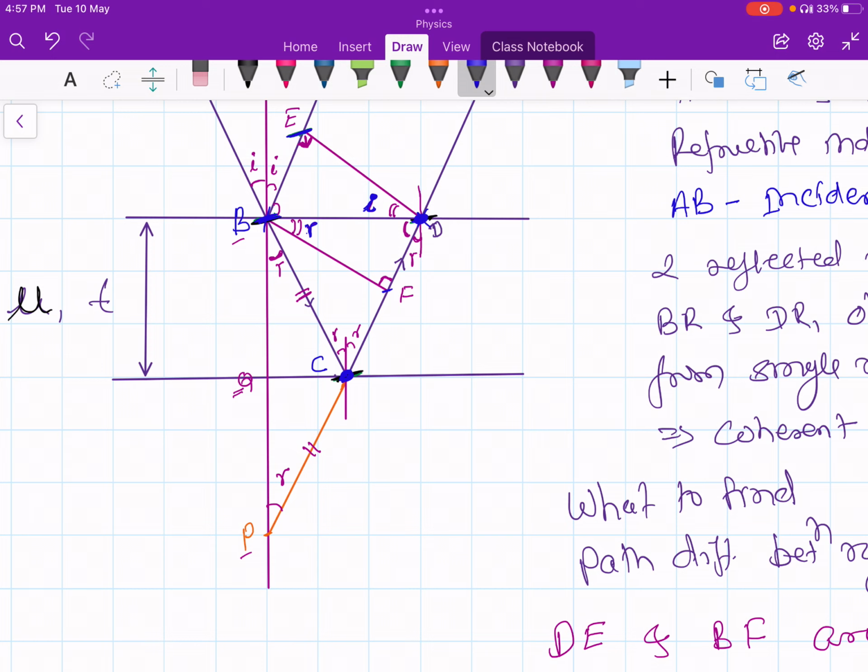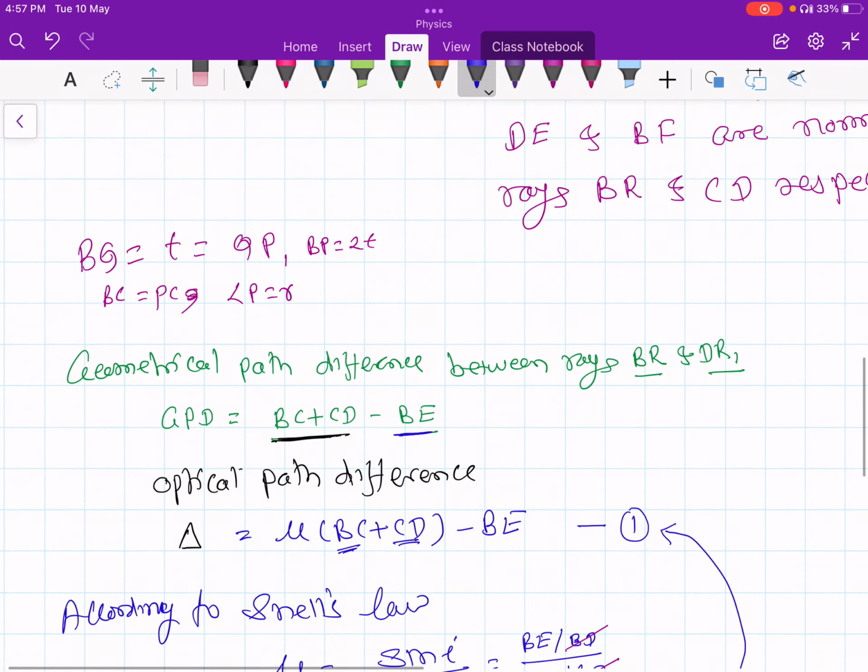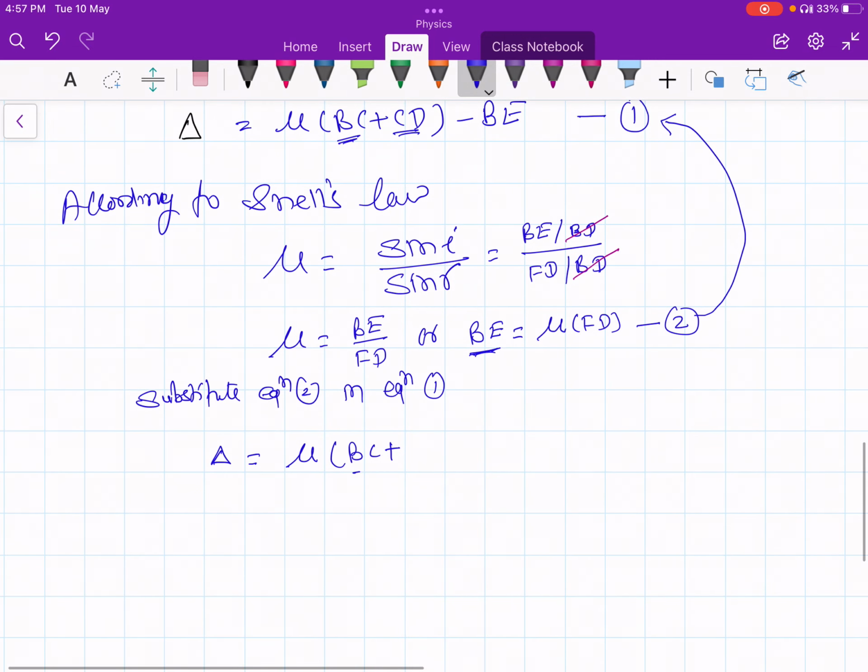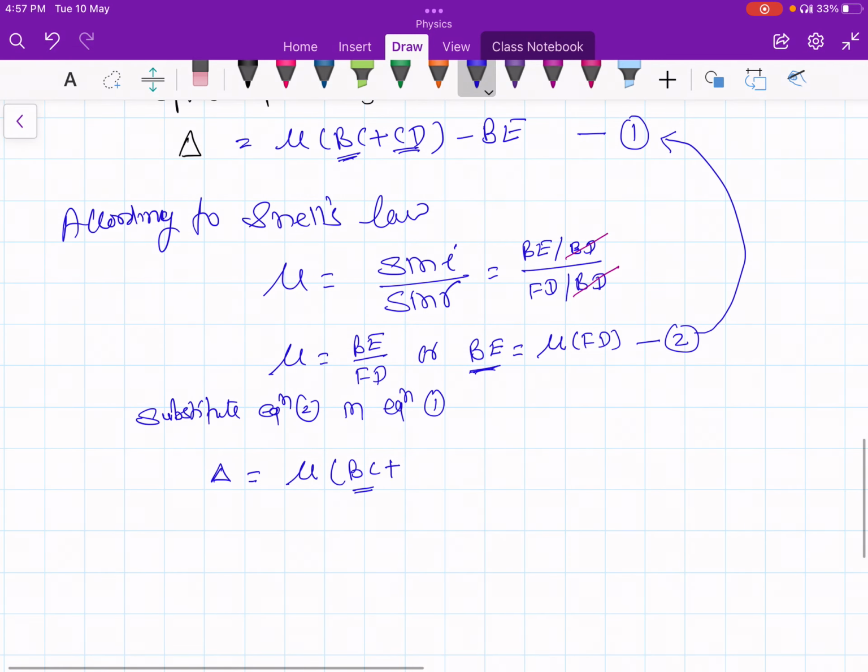So instead of writing CD, I will write CF plus FD. Minus BE, but this minus BE is equal to mu times FD.